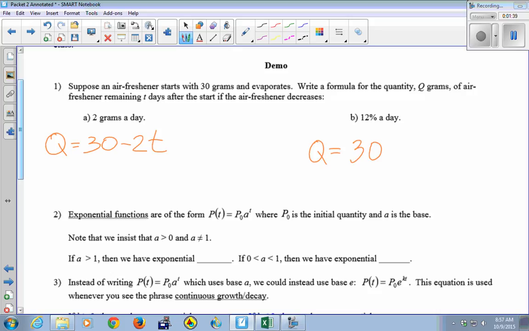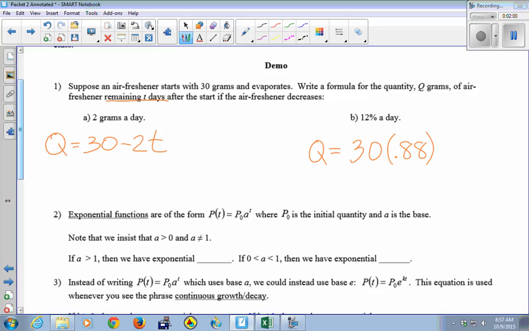I'm trying to model how much remains, right? 0.88 is how much remains. So if I multiply by 0.88, that's how much remains. If I lose 12%, 88% is staying. And that's what I'm trying to model, how much remains after T days.